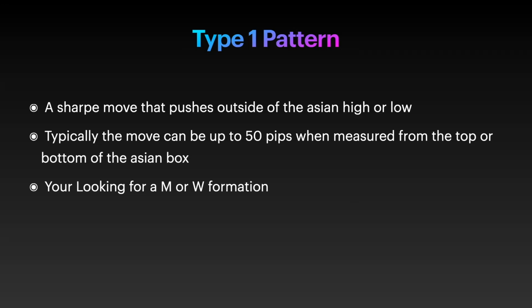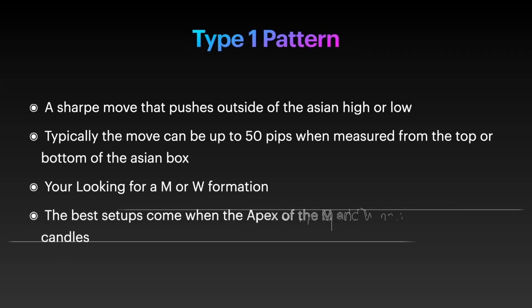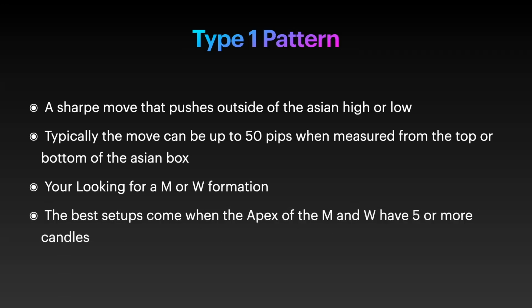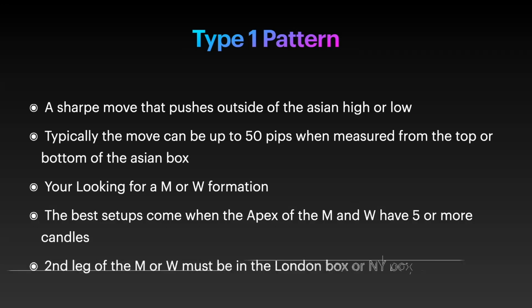Now, take note of the fact that the best setups come when the apex of the M or W is 5 or more candles. What is the apex? The apex is basically the amount of candles between the first leg and the second leg of the M. That's what the apex is. The second leg of the M or W must be in the London box or the New York box.